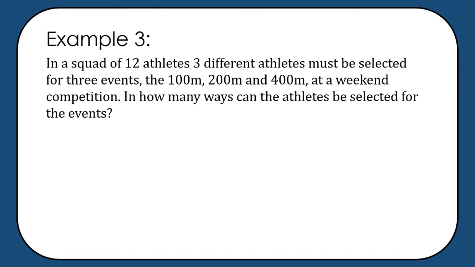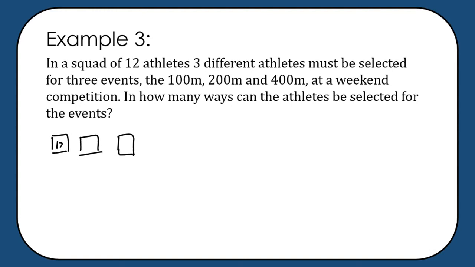Okay, so let's look at some examples again. In a squad of 12 athletes, 3 different athletes must be selected for 3 events, the 100 metres, the 200 metres and the 400 metres at the weekend competition. In how many ways can the athletes be selected for the events? Okay, so we've got 3 different events to which to allocate 12 athletes. So we'll do this a couple of ways. The first thing is you can think, okay, I've got my 3 events.